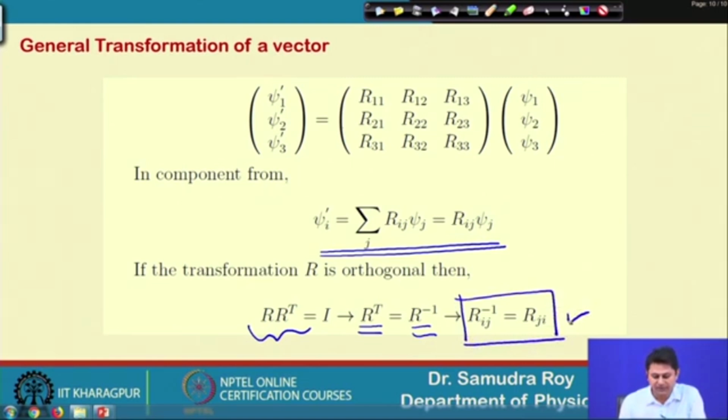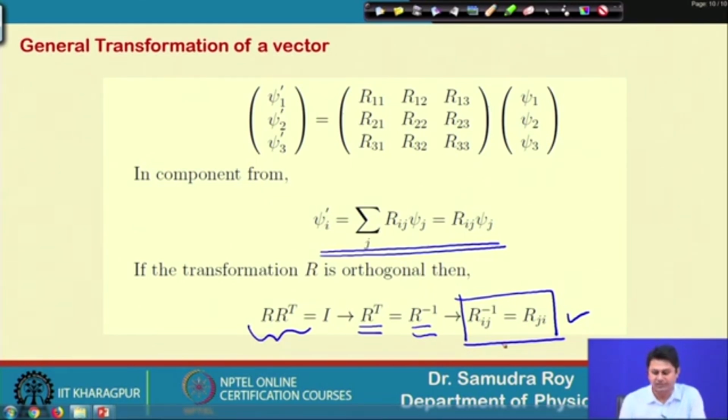Why is the orthogonal transformation important here? Because the operations we are talking about are essentially orthogonal transformations, and under an orthogonal transformation the coefficients of the vector change, but there is an additional relationship between the different coefficients R_ij of the operation matrix.